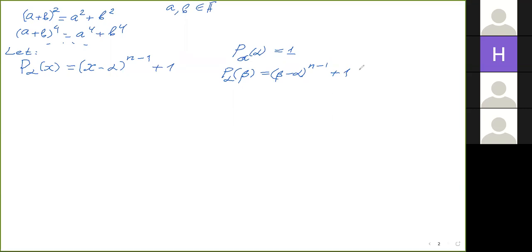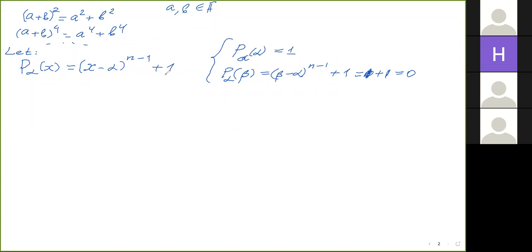And so this is equal to 1 plus 1, which is 0. So indeed, these polynomials can be used as Lagrange polynomials.